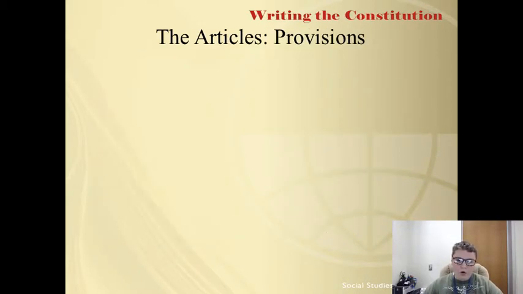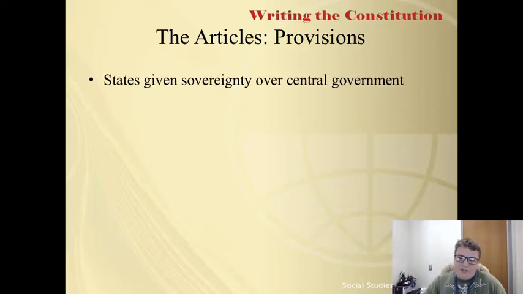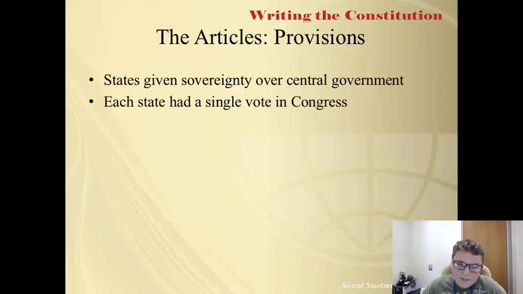The Articles' provisions gave states sovereignty over the central government. The colonists, still fighting the British in the American Revolution, did not want to create a new government that introduced a strong central authority. Instead, they ensured the states would have sovereignty over the national government. Therefore, the national government had little power to enforce its own acts.